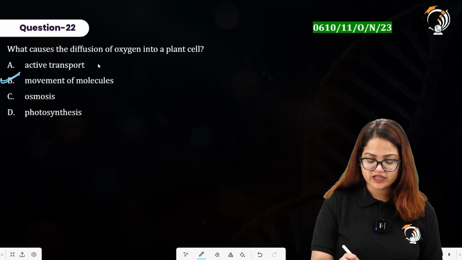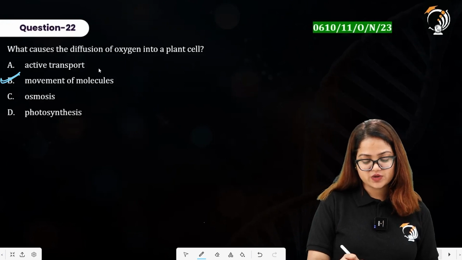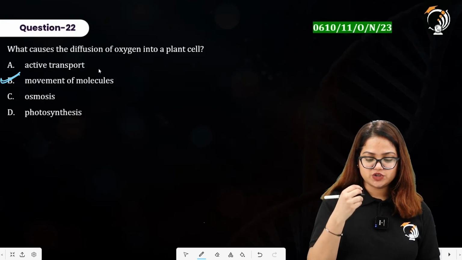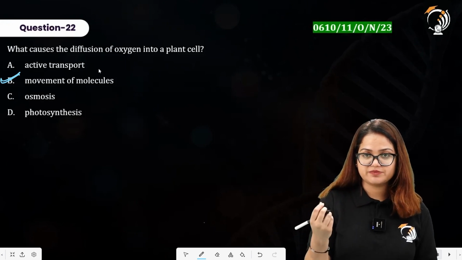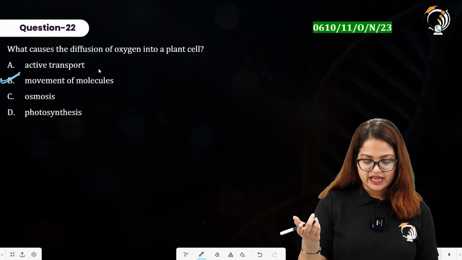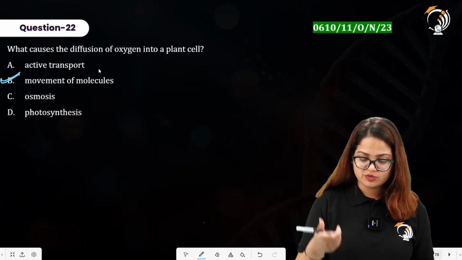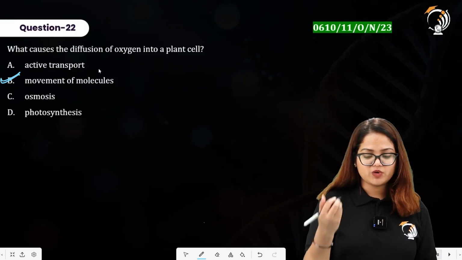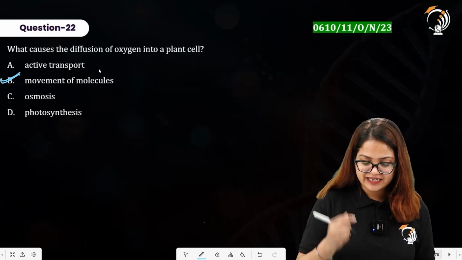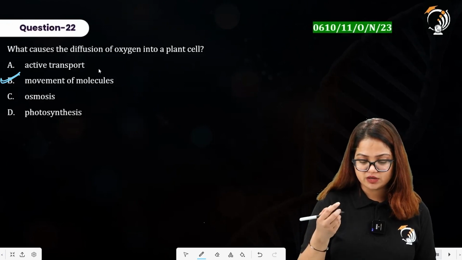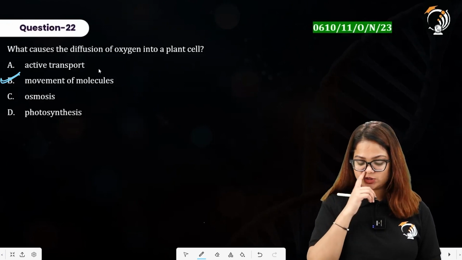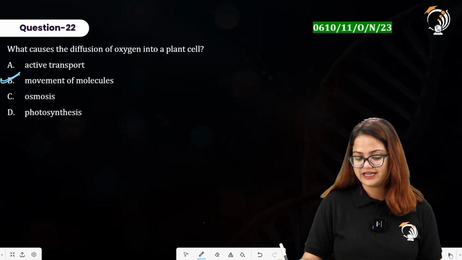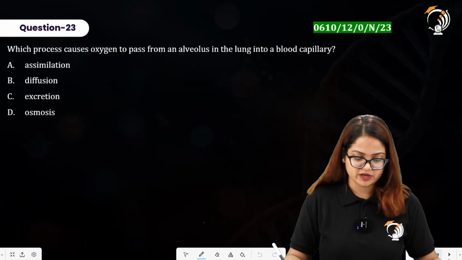Active transport is transporting the molecules against a concentration gradient, and in osmosis diffusion of water molecules across a partially permeable membrane occurs. Photosynthesis is not relatable to that. So, we will mark that movement of molecules will let the oxygen molecules move into the plant cell. So, basically movement of molecules of oxygen here. B option is the right or we can say appropriate here.